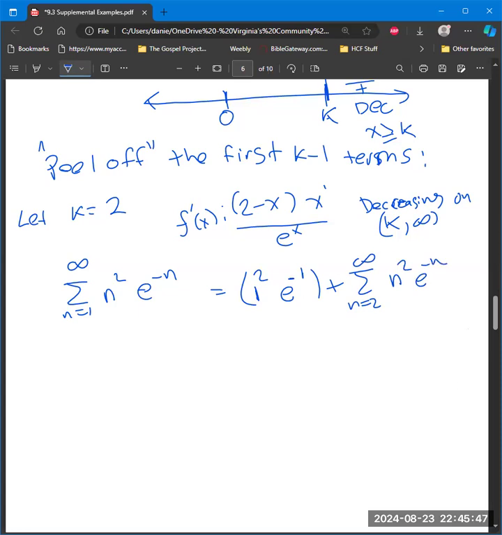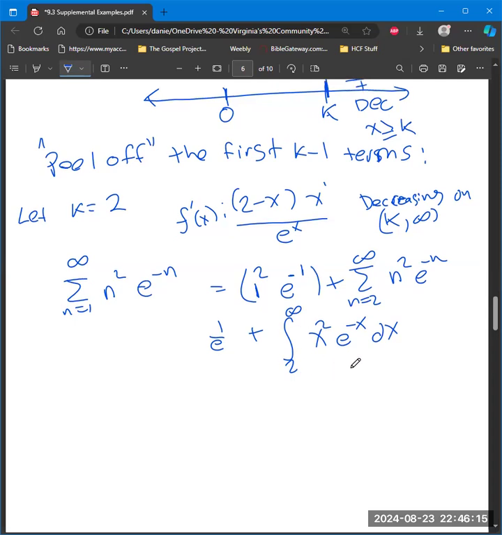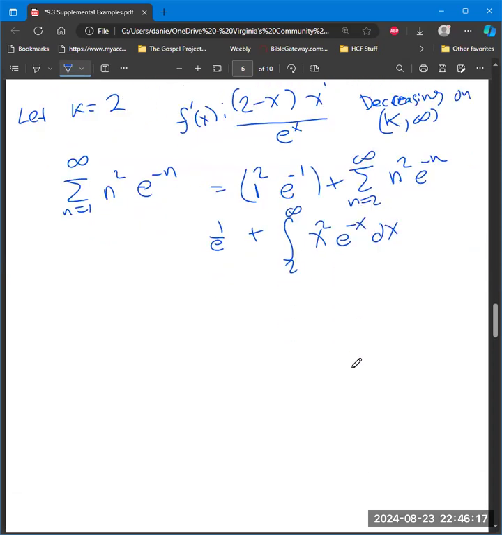And now it should be positive, continuous, and decreasing for this part right here that I can use the integral test. So this is going to be 1 over e plus the integral from 2 to infinity of x squared e to the negative x dx. I can do this because I've proven that when I peel off that k minus 1th term there, that this is going to be positive, continuous, and decreasing for what's left.